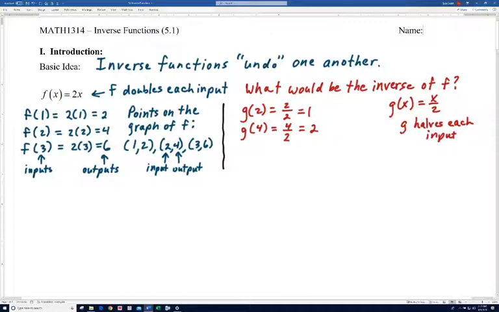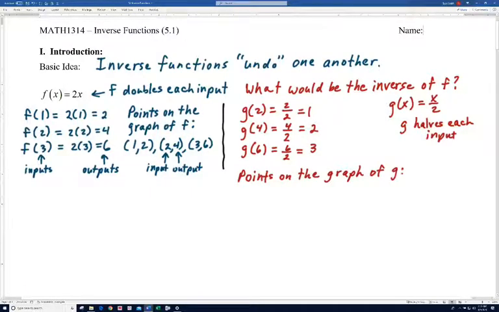And if we said f of 3 was 6, in the inverse function g of 6 gives us 6 over 2, which reduces to 3. So hopefully you can see what's going on here. So there's a nice pattern here.